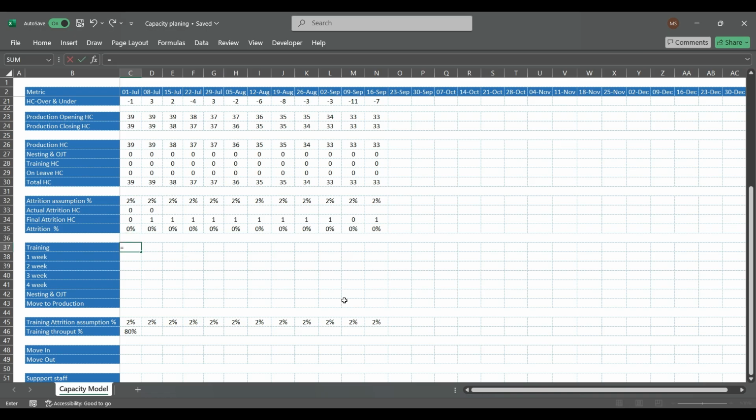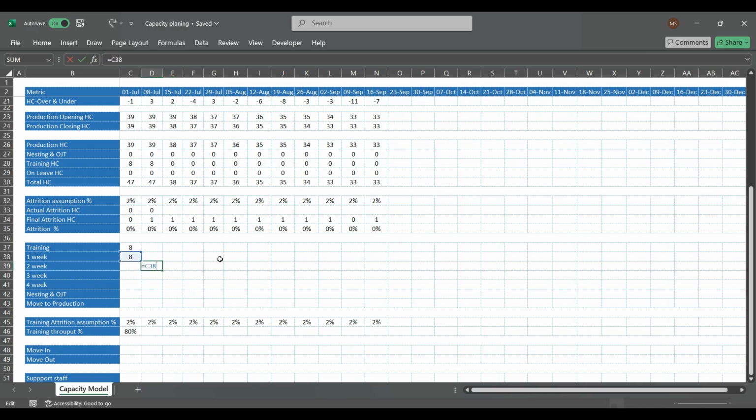Here we add the six headcount we require, so I have added 6 divided by 80%. It shows 7.5, so now we have calculated 8 headcount. This is the first week, and after that we need to move on to the second week.